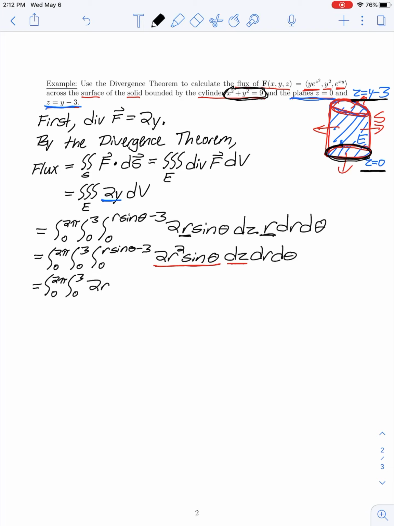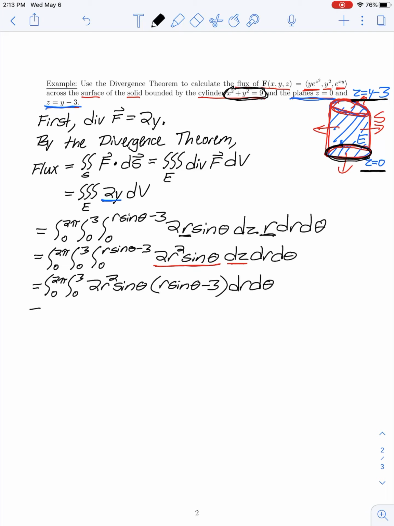Our constant was 2r squared sine of theta. That is a constant with respect to z. And then we multiply by the length of the z interval, which was r sine theta minus 3 minus 0, or just r sine of theta minus 3. Then we're integrating in the order dr d theta.